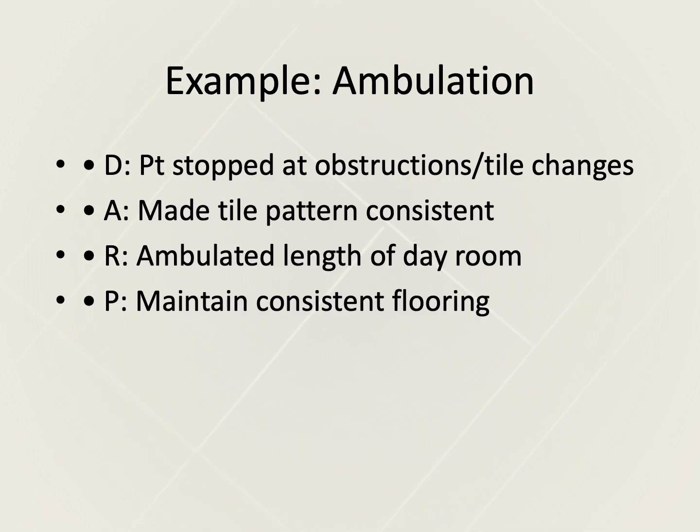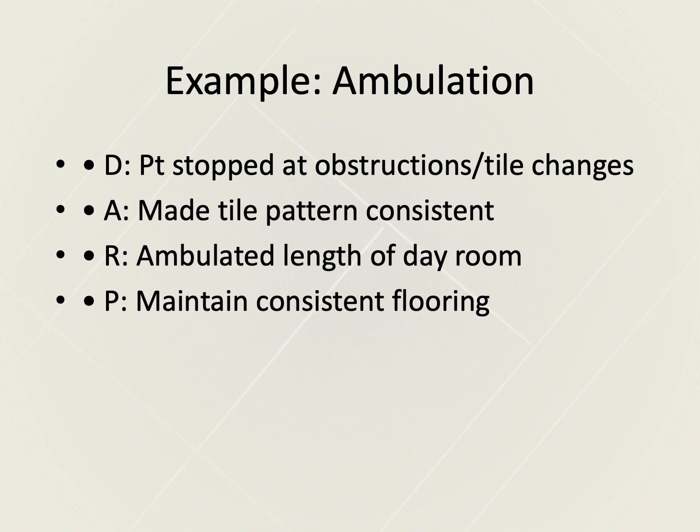Another example is ambulation, looking at a physical disability. The action is going to be the environmental change, and the response demonstrated success. Then the plan ensures that the conditions are repeated for progress. Looking at that, the D, the patient stopped at obstructions and or tile changes.